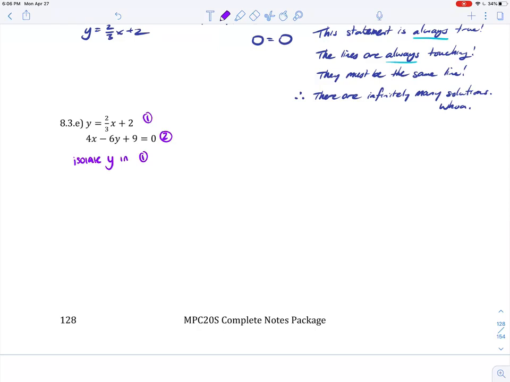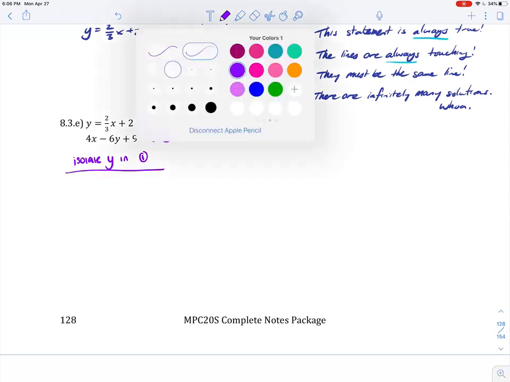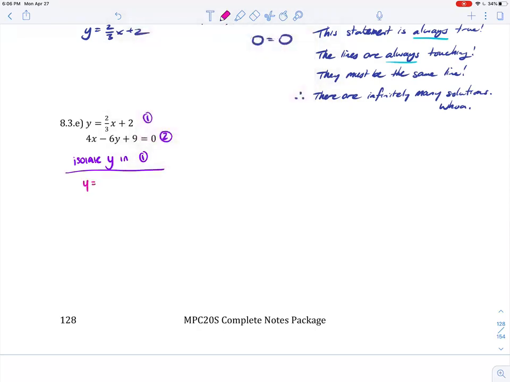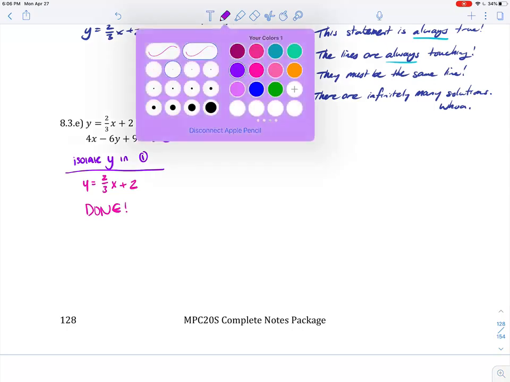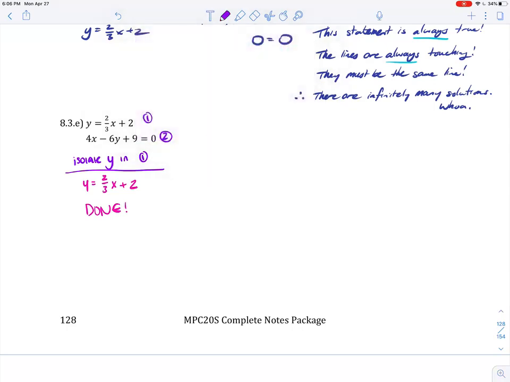I'm going to isolate y in equation 1 that I've labeled already, because it's already done for me. So y is 2/3 x plus 2, boom, bam, done.